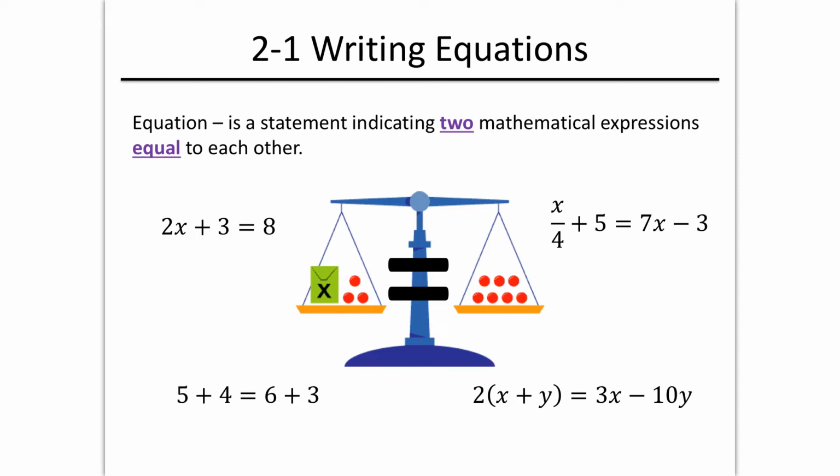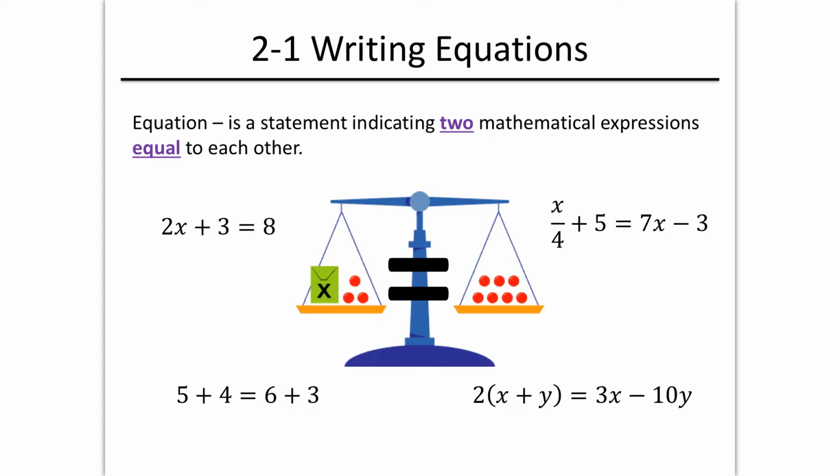Just to give you more examples, here's another equation. This is more self-explanatory. If you actually do the work here, on the left side we have a mathematical expression with no variables. 5 plus 4, well, that's 9. And that has to equal the right side of that equation. Then we have a different expression, 6 plus 3.